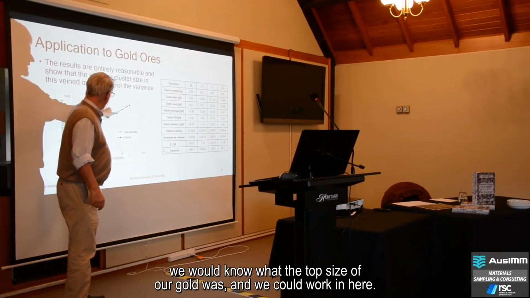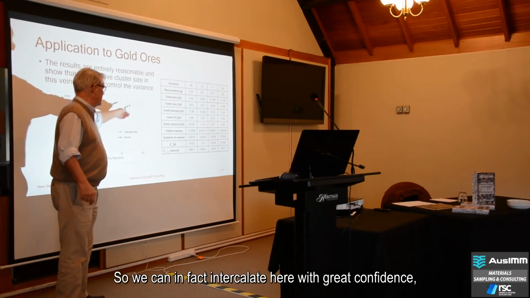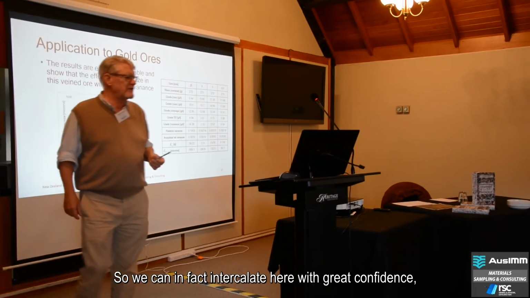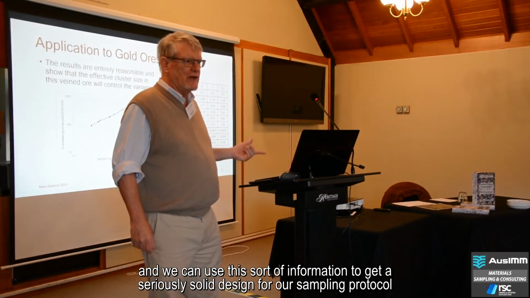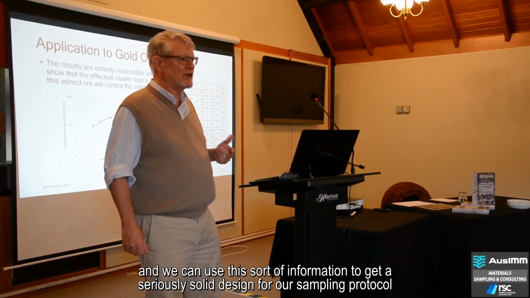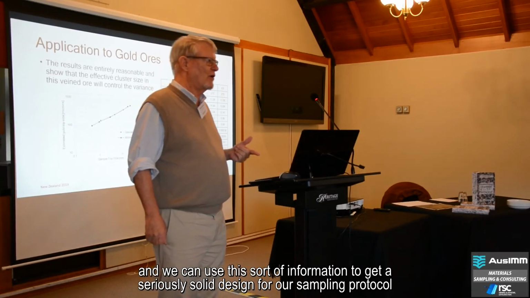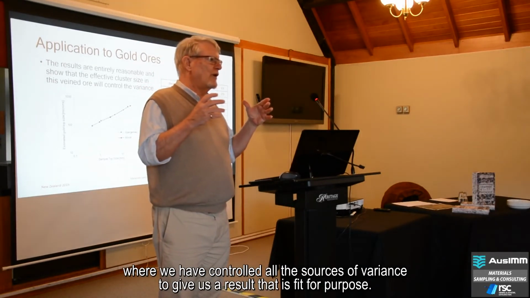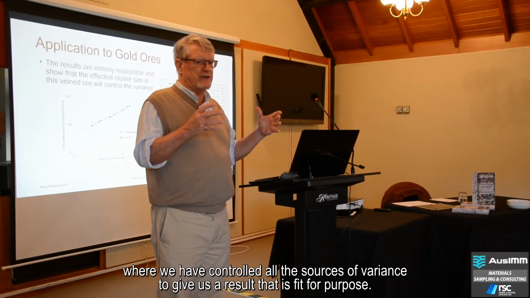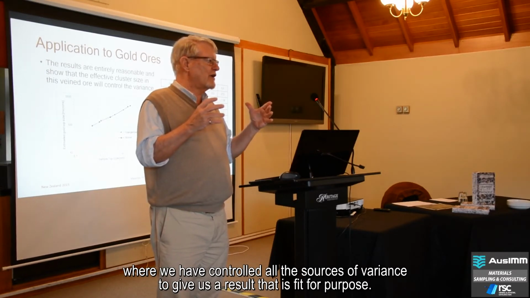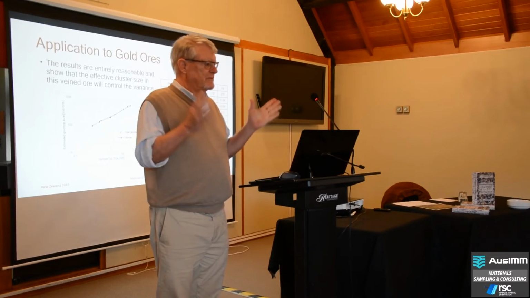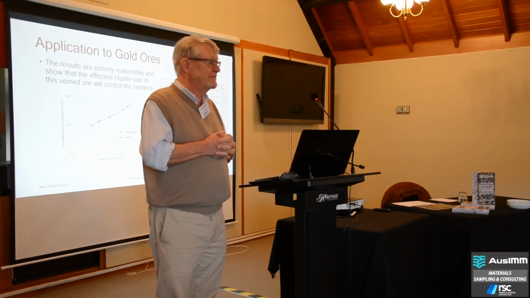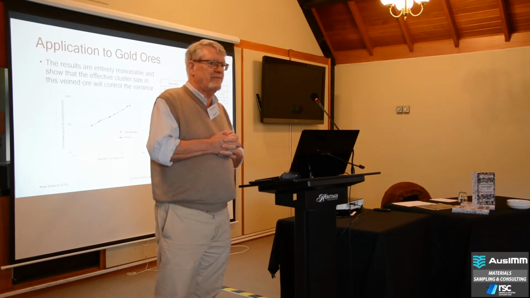We could work in here, so we can in fact interpolate here with great confidence, and we can use this sort of information to get a seriously solid design for our sampling protocol, where we have controlled all the sources of variance to give us a result that is fit for purpose. Here endeth the lesson. Questions?